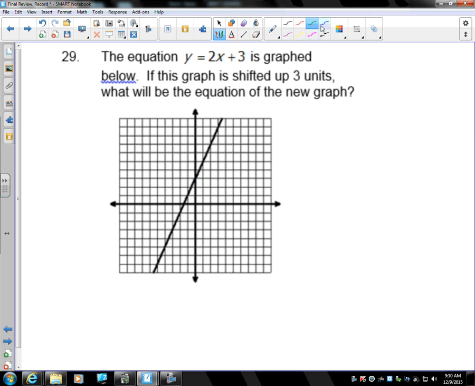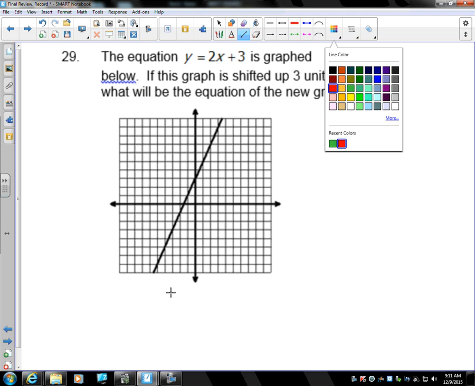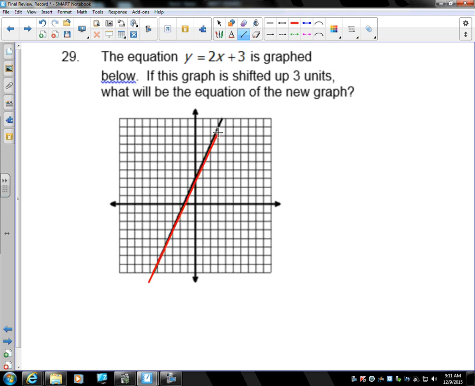And we just talked about that with parallel lines in, I forgot which number, but we just did it a little bit ago. So again, we're taking this line and we're shifting it up or translating it up by 3 units.